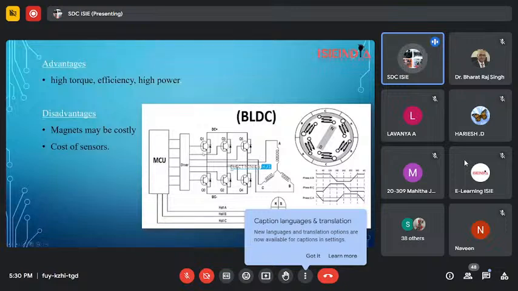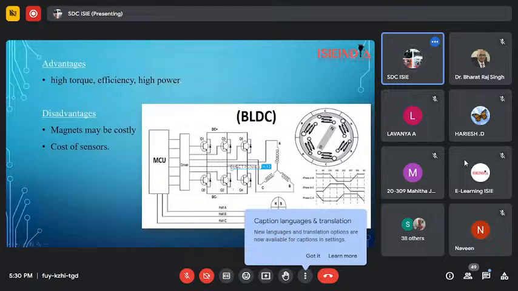So these MOSFETs, Q1, Q3, Q5, Q0, Q2, and Q4, will be working here to convert the direct current into alternating current or pulsating DC, right? So DC will be converted into AC or pulsating DC.